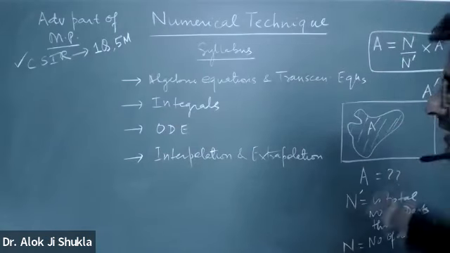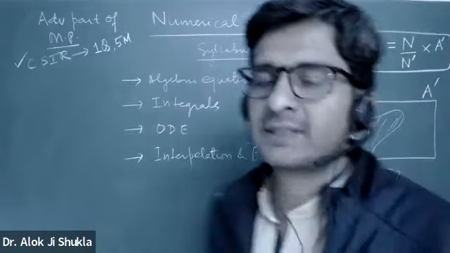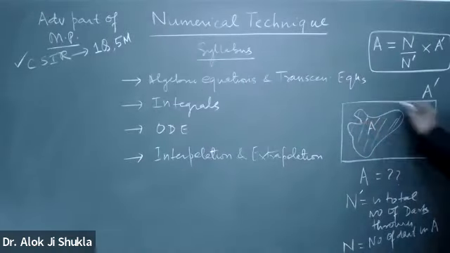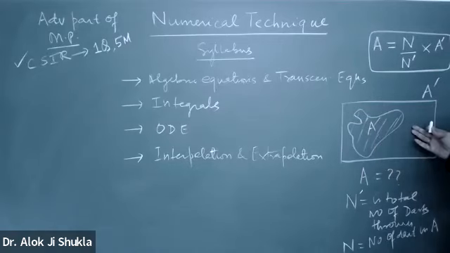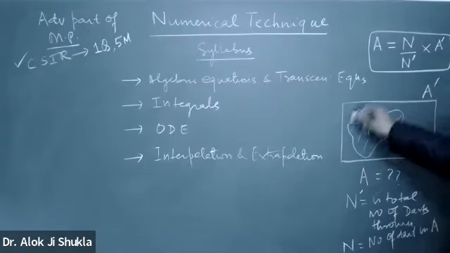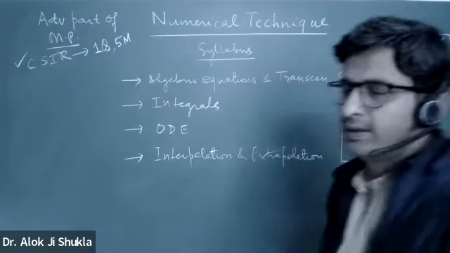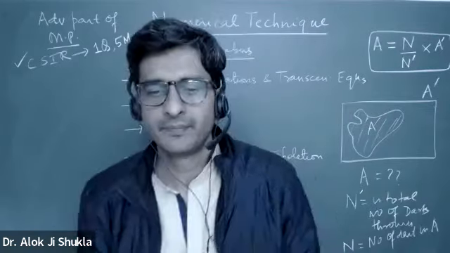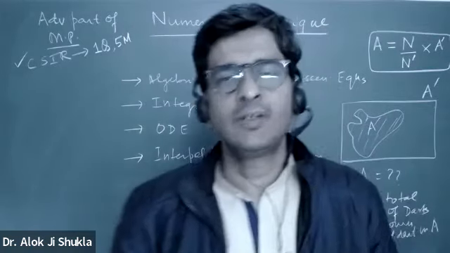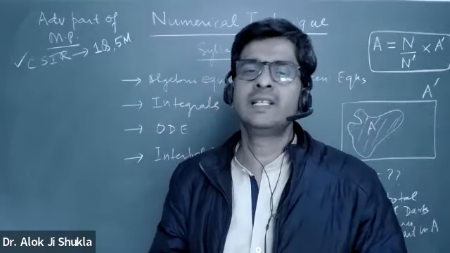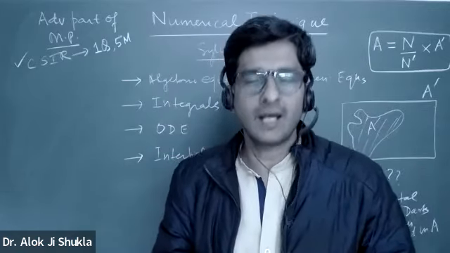So people started thinking in this direction that playing with numbers can give results, and nowadays it is very simple. Just take this area and generate random numbers. Those random numbers which come inside this, calculate separately. Total random numbers inside this is known, and now simply you can calculate. So without throwing the dart, you can use computers to do this. Okay. So मेरे कहने का मतलब ये है कि जो numerical techniques हैं, वो काफी पहले से लोगों ने developed की थीं, you will see that in most of the techniques न्यूटन का नाम आता है.